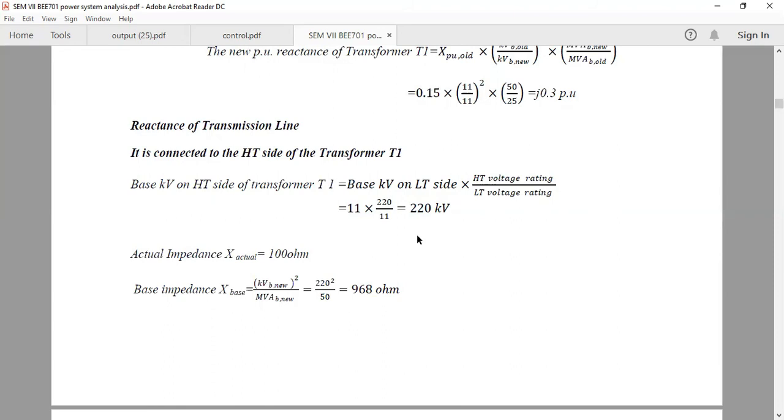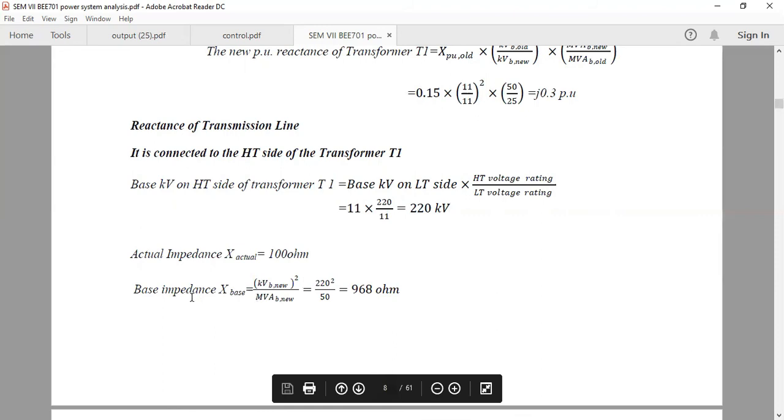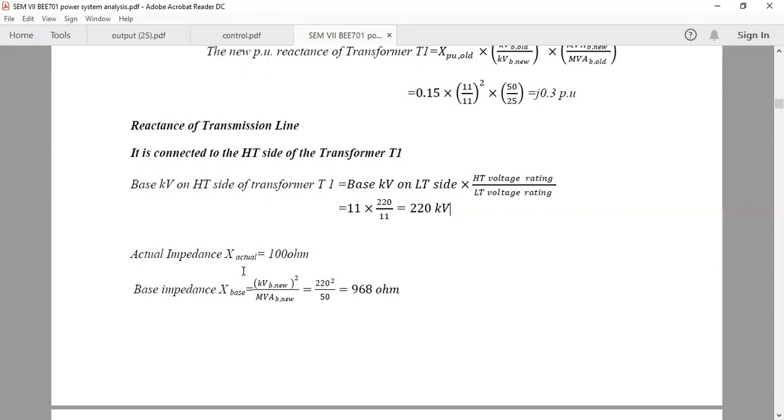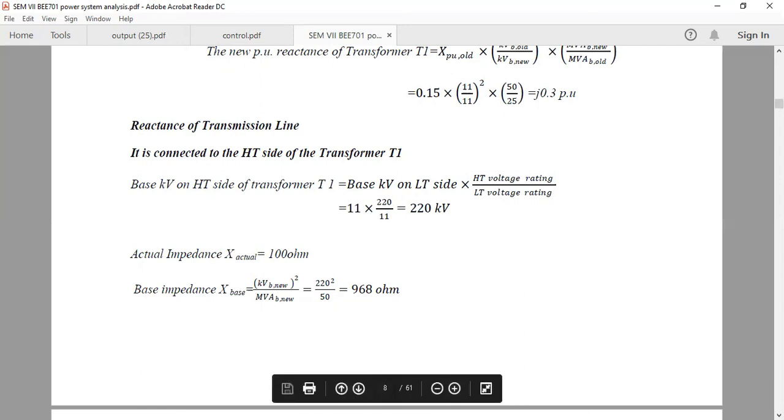Actual impedance of the transmission line is 100 ohms, as indicated in the problem statement itself. Before calculating the reactance of the transmission line, we first need to calculate the base impedance, which is given by the formula kV base new squared divided by MVA base new, which is 220 squared divided by 50, which is nothing but 968 ohms.